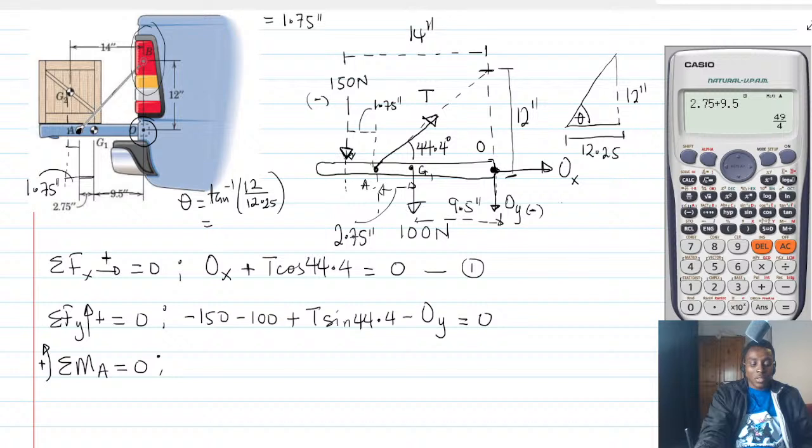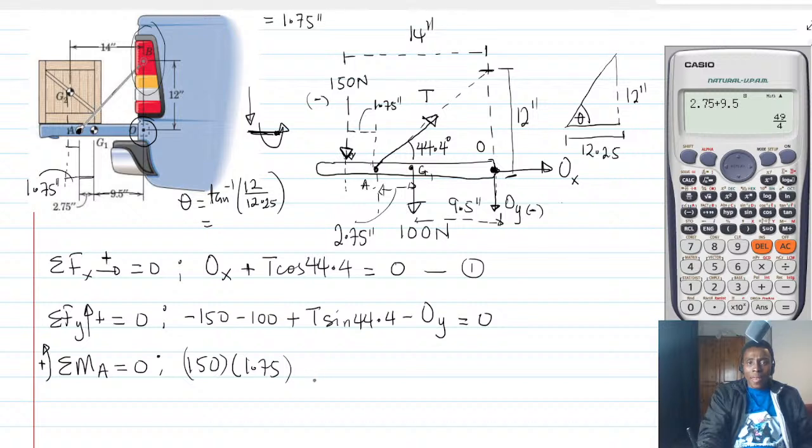Now to take the moment, it's going to be counterclockwise. Imagine that you have fixed something here, and then you apply a force in this way. What is going to happen? We all expect that there is going to be a turning in this direction. So counterclockwise. So it's going to be 150 multiplied by 1.75. Yep.